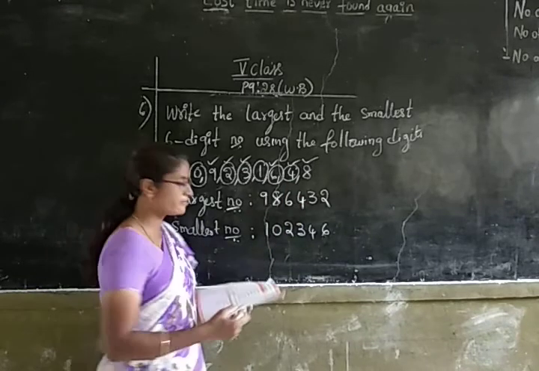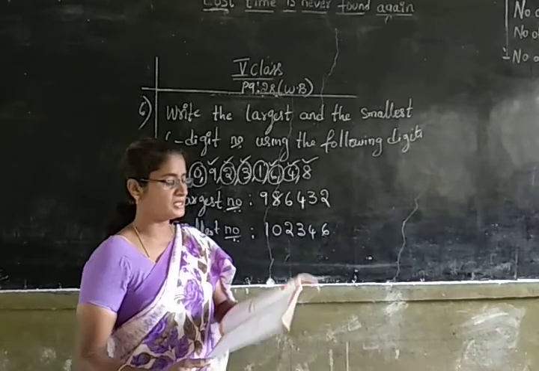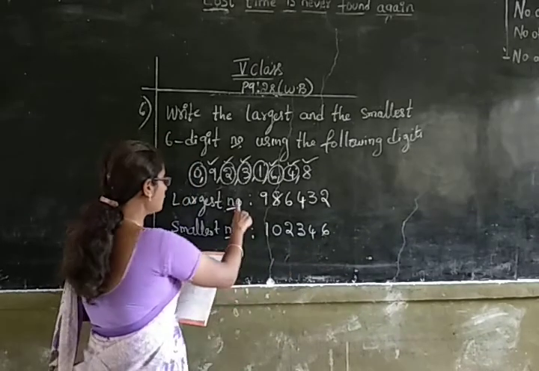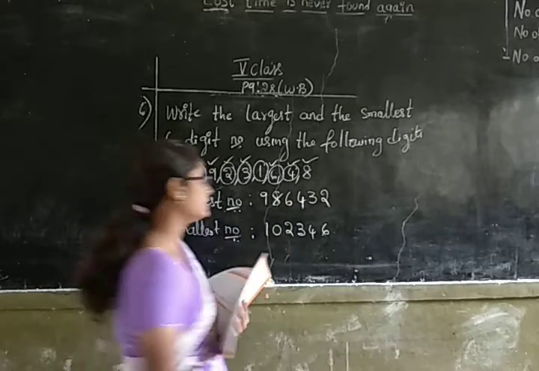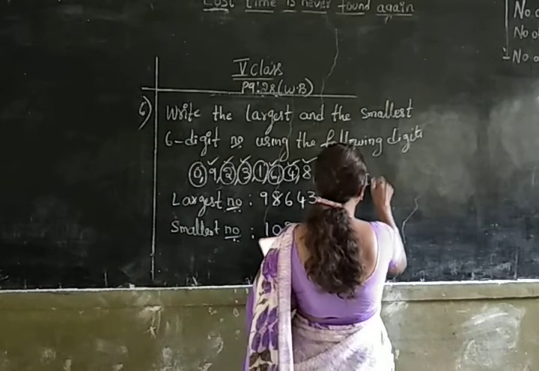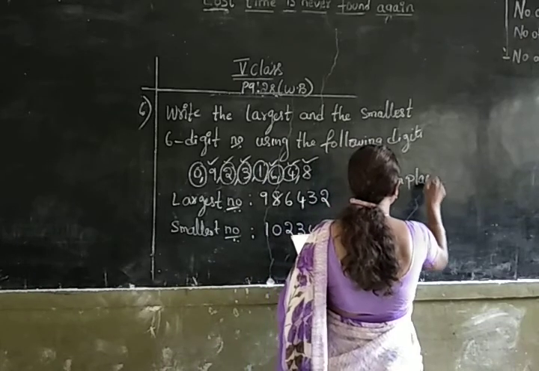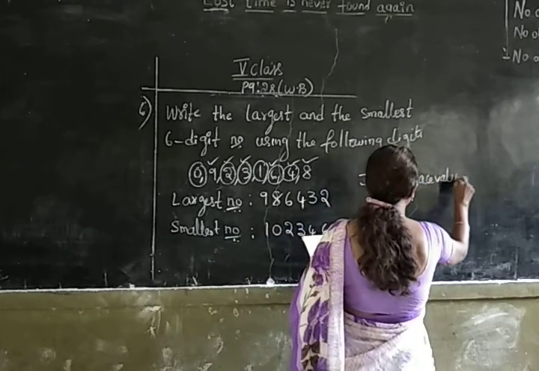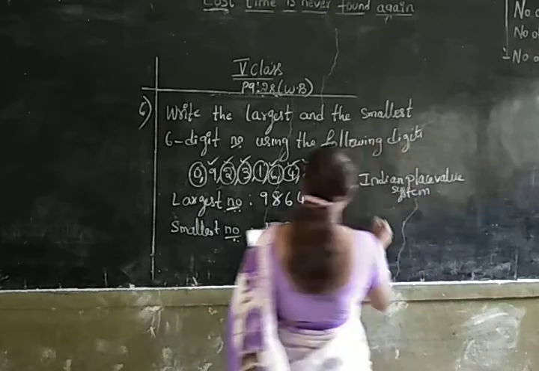There is one more question given here. What is that question? Also write them in the Indian place value system. Now you have to write the smallest and largest numbers in the Indian place value system. So for that, what you have to do?